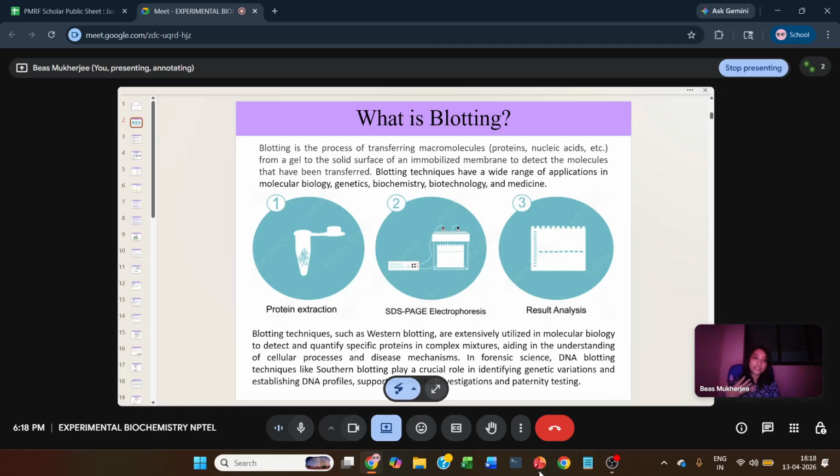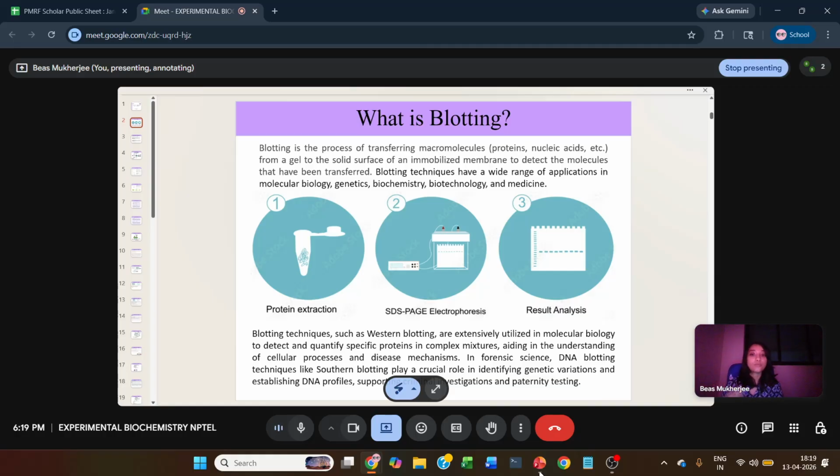So what are the different steps? It starts with protein extraction or DNA extraction, RNA extraction, whatever it is. And then there is SDS-PAGE. This is the procedure for Western blotting. So there is SDS-PAGE and then finally there is result analysis. Until that it is the same.